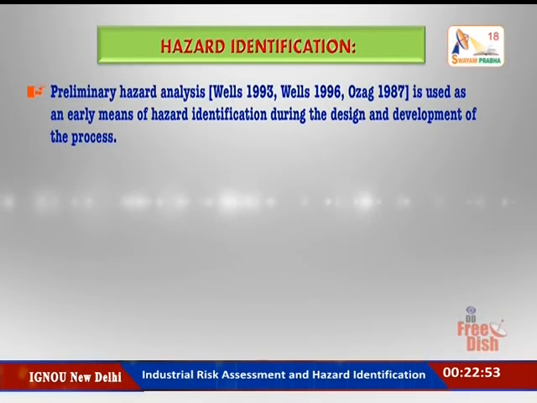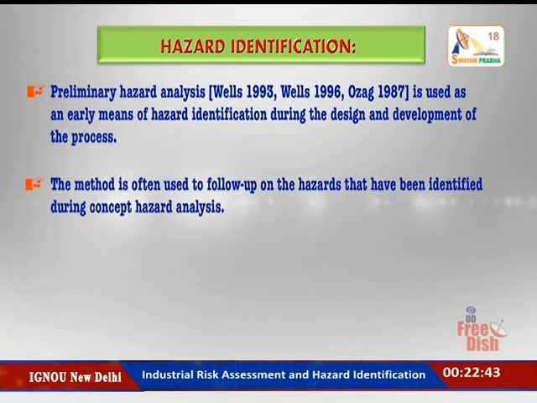This can be carried out at various levels, from the earliest stages of the design throughout the project design cycle. The preliminary hazard analysis is used as an early means of hazard identification during the design and development of the process. The method is used to follow up on the hazards that have been identified during the concept hazard analysis.